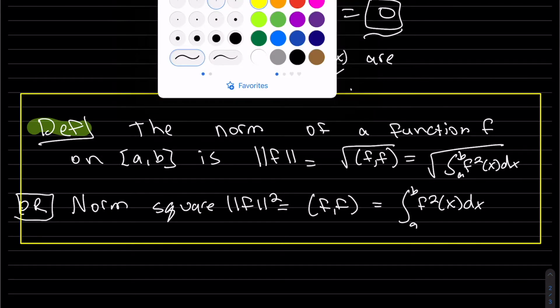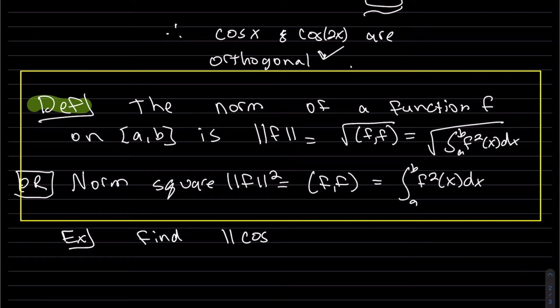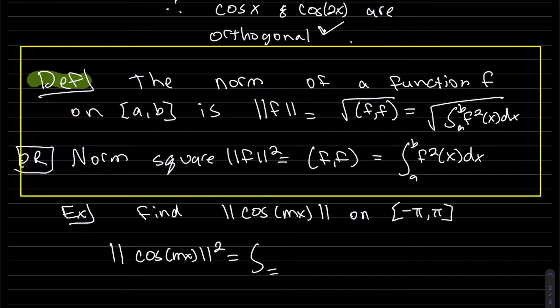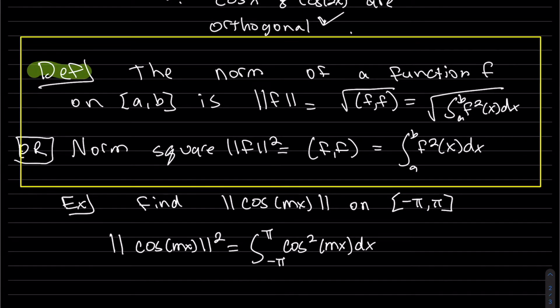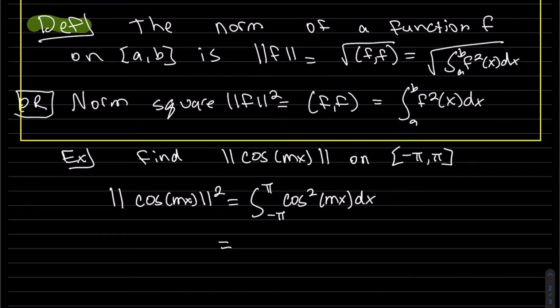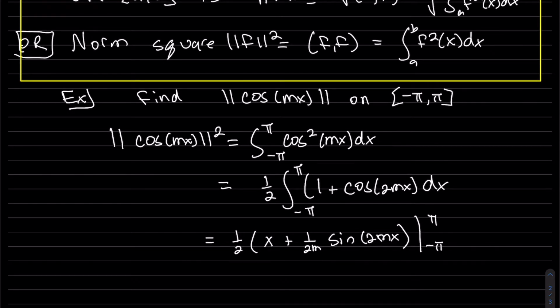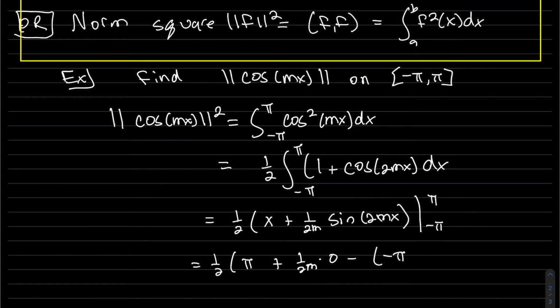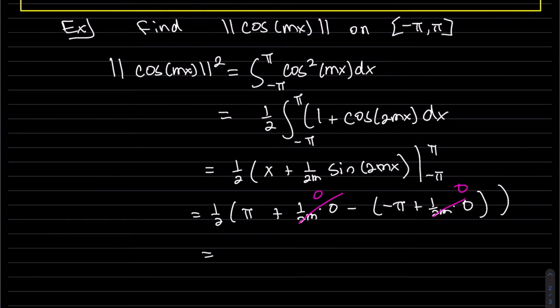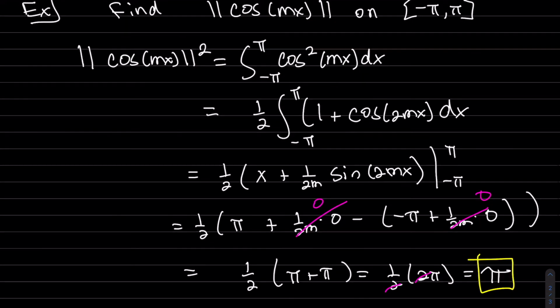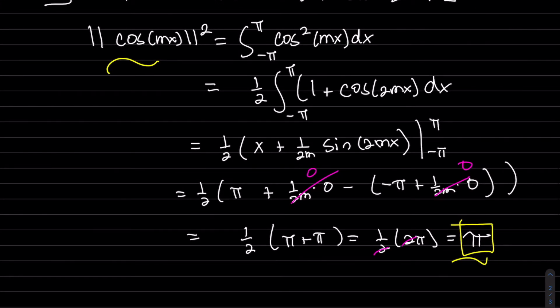Let's do an example. The norm of cosine of mx on the interval, by definition, and by the power reducing formula, so we found the magnitude squared.